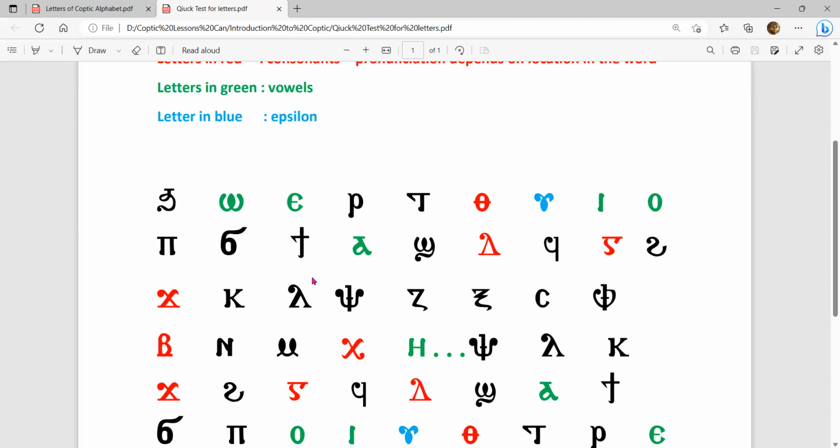Now, for the black letters, I will try to give a pronunciation to the letter related to some pronunciation in other languages. The first one is a chai. Unfortunately, in English, there is nothing comparable to the cha. It should read cha. Chai.